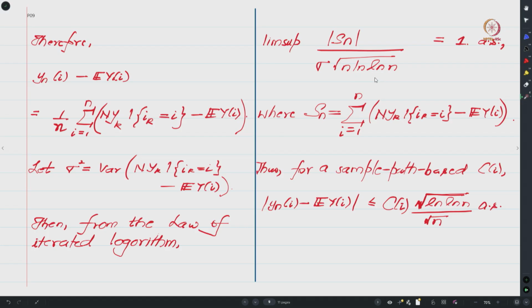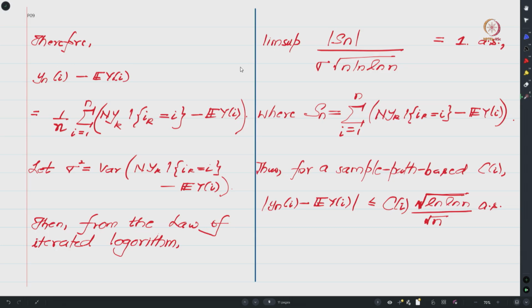So here is where you see the law of iterated logarithm. If you take the lim sup of this quantity, then the law of iterated logarithm says that the lim sup of this quantity is going to be 1 almost surely, which means that eventually these numbers will be upper bounded by 1, because of the lim sup that is present over here.